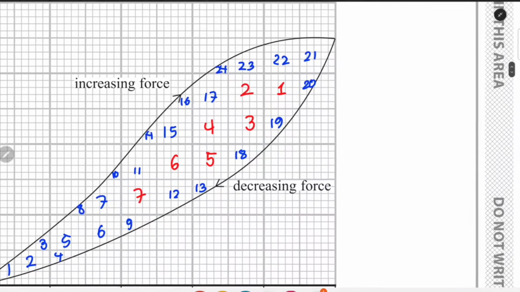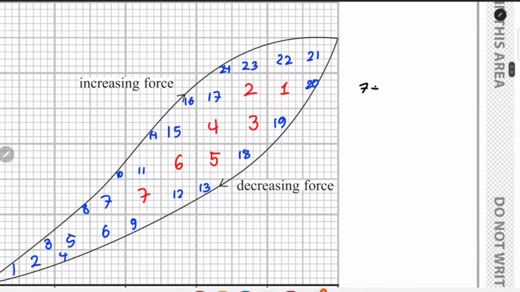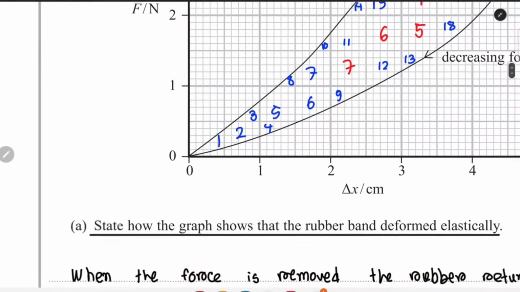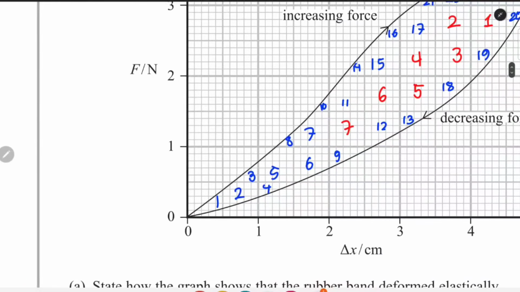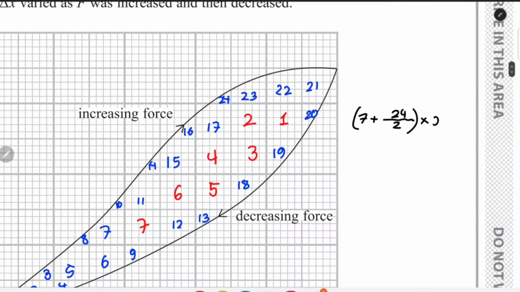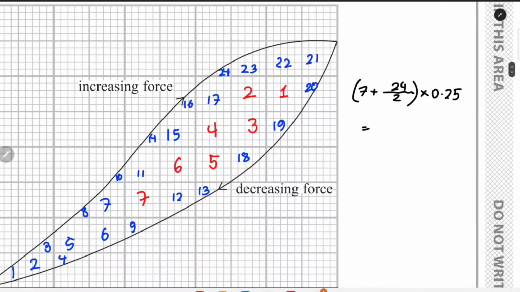We can calculate with this. So we'll have 7 plus 24 by 2 for the partial boxes, times the area of each box, which is 0.25. We can convert it to meters as well.